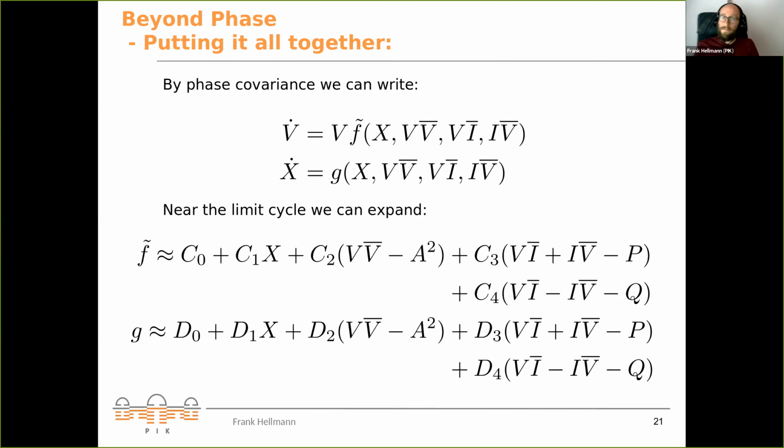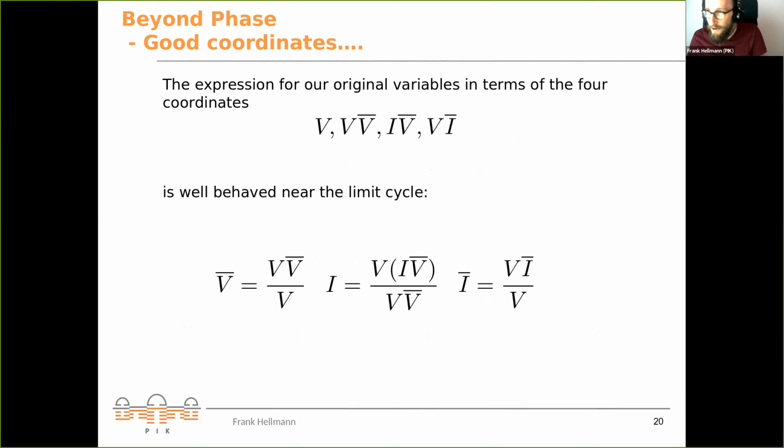And further, by phase covariance, we know that we have, sorry, I jumped ahead a little bit. Now, as we said before, we want the dynamics of the node, of f, of the voltage, to be phase covariant. So the only variable here that transforms under the phase is v.